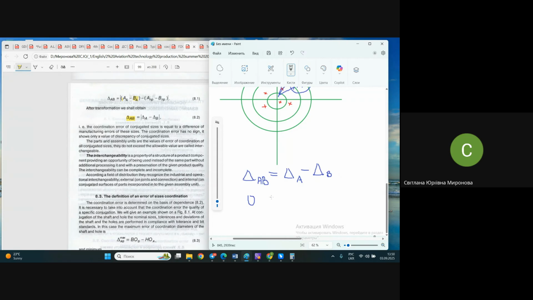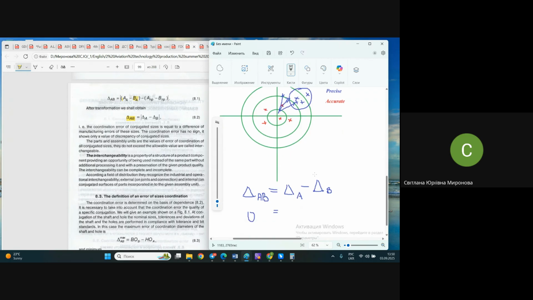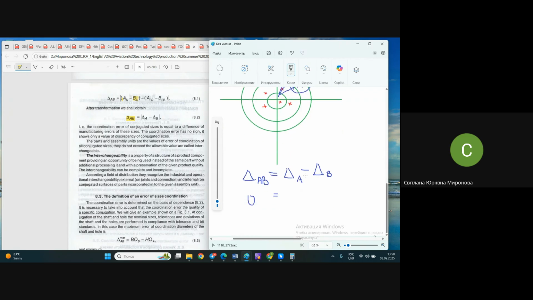How may we reach it? It's somehow in line with the story about accuracy and precision. Look, 0 minus 0: the error of coordination equals 0. The accuracy of coordination is ideal, you see? What if the objects are not ideal? For instance, one object has error 5 and another object has error 5.